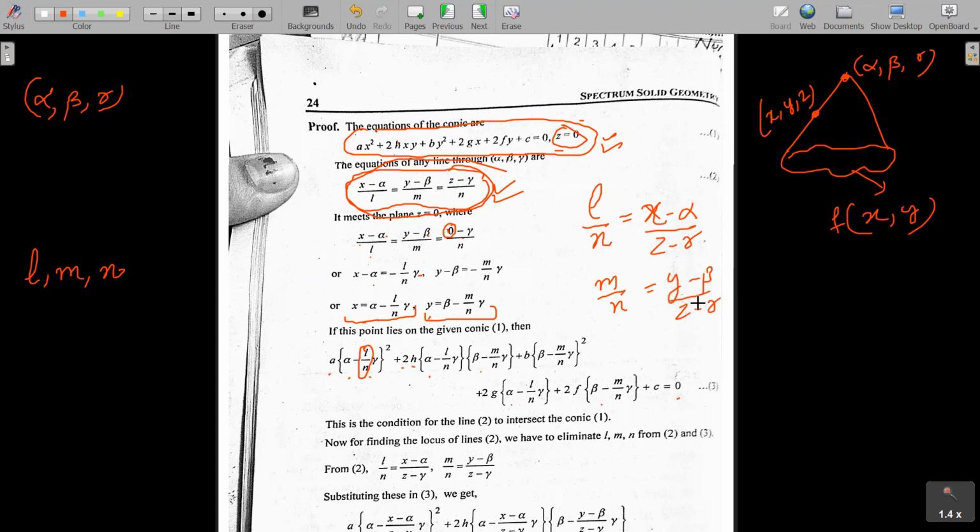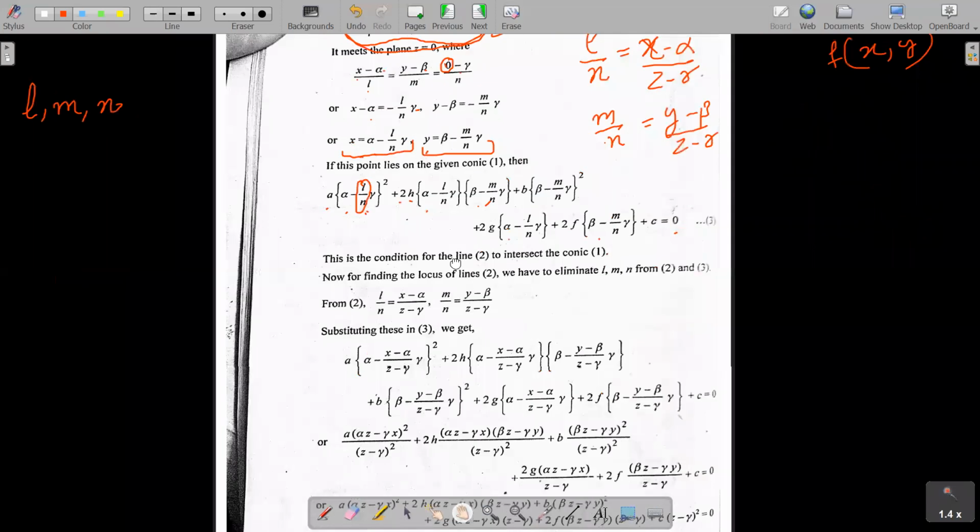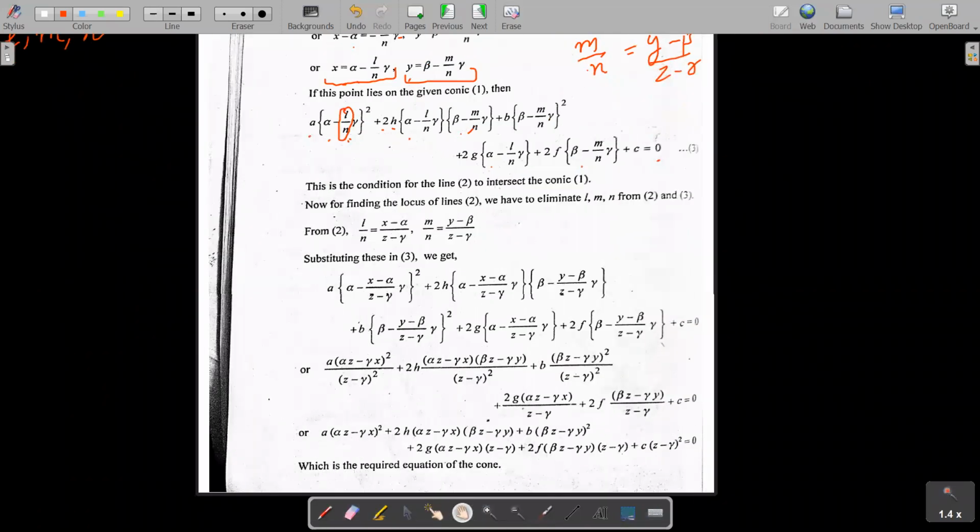And similarly, we have these two values now, L by N, M by N. So we will put these values everywhere, right? So what will happen? We will get this required equation. So we can just simplify this equation. So z minus gamma this side, z minus gamma this side, LCM लिया.